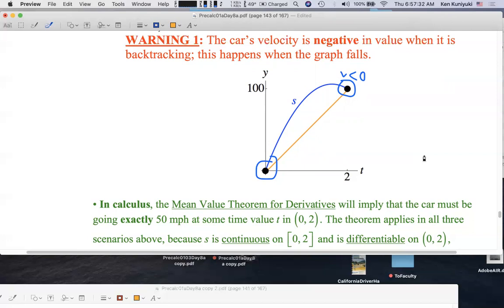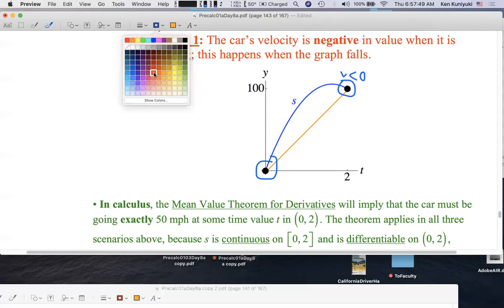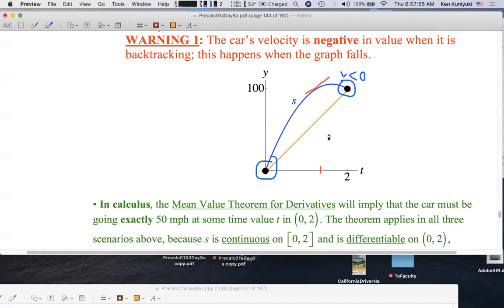How should you feel? Very badly. Because unless there's a gap in the road or something, and there is in the movie, if the average velocity is 50 miles per hour, and if there are no gaps or anything, then at some time point in here, the instantaneous velocity will have to match the average velocity. In other words, your speedometer will have to hit 50 miles per hour at some time in here if you're going to have an average velocity of 50 miles per hour.